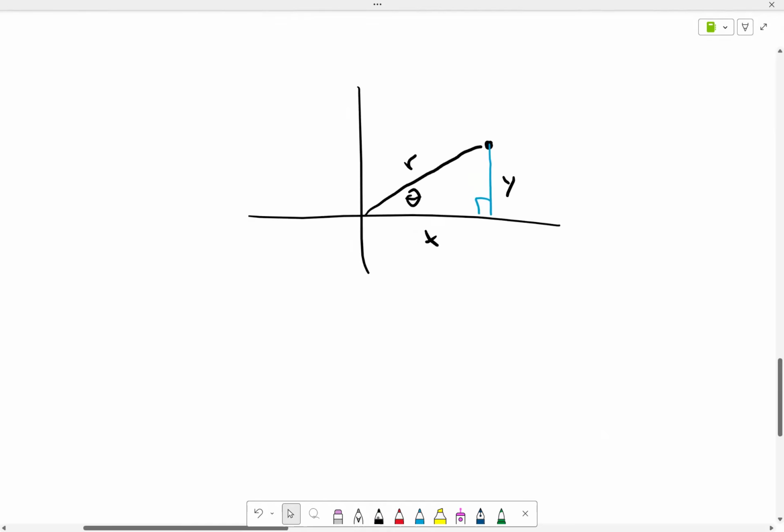So the first thing I want to do is get some formulas going from polar to rectangular, which means I have R and theta and I want to get X. If I have R, theta, and X, what relationship puts these three together?